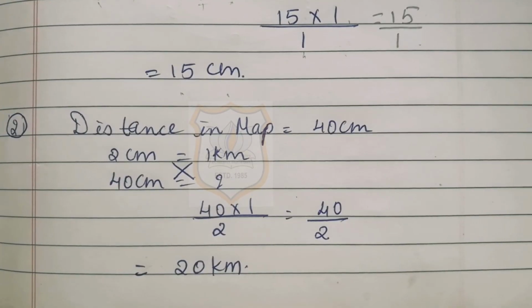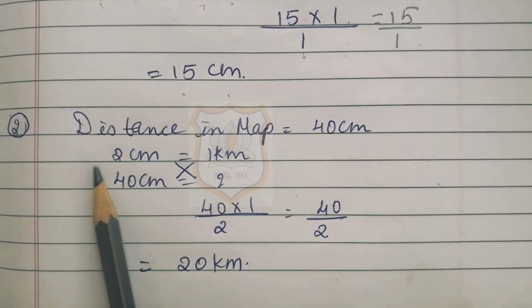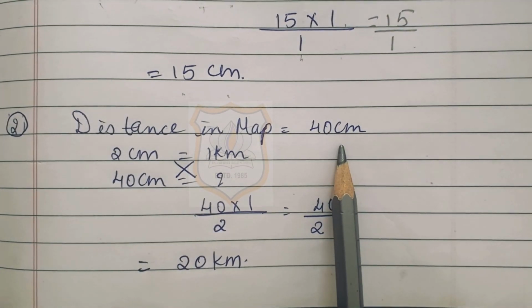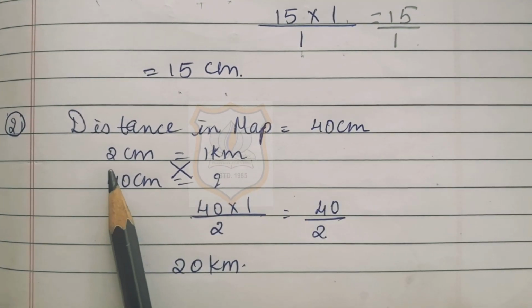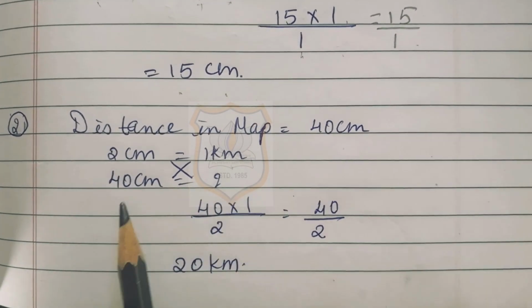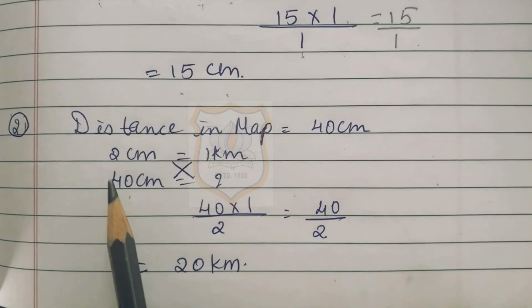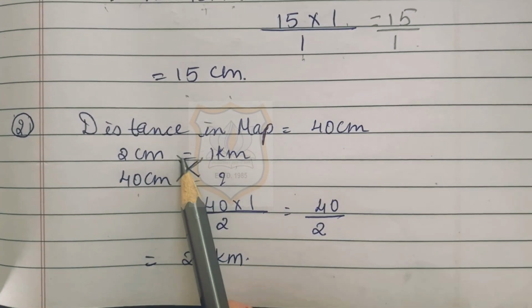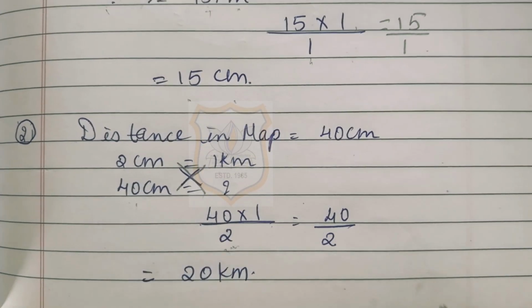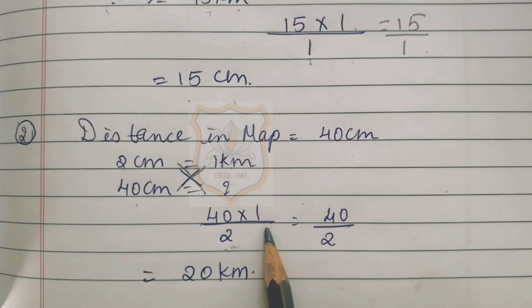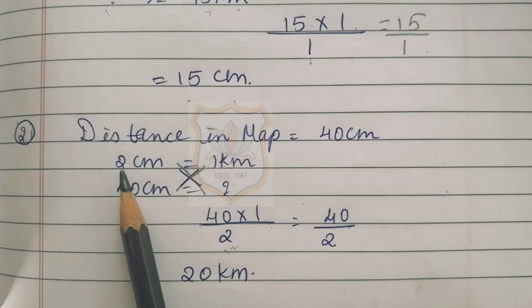Now solution for sum number 2. Here the distance in the map is equal to 40 centimeters, which is given in the table. Now here the scale was 2 centimeters is equal to 1 kilometer. So now 40 centimeters we will write here below 2 centimeters. Now we will cross multiply it according to the cross multiplication method. So we will multiply 40 by 1. Here we will write 40 multiplied by 1 and 2 we will write here.